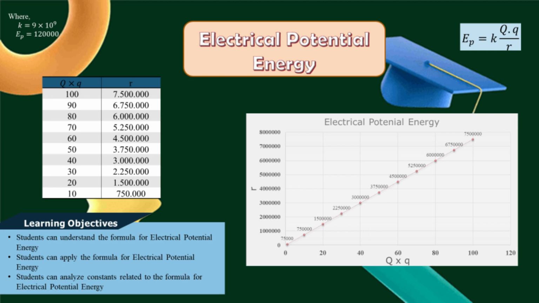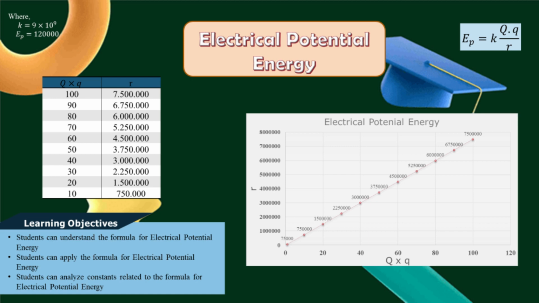7,500,000. If big Q times small q is equal to 90, we have R equal to 6,750,000. And if big Q times small q is equal to 80, we have R equal to 6 million.